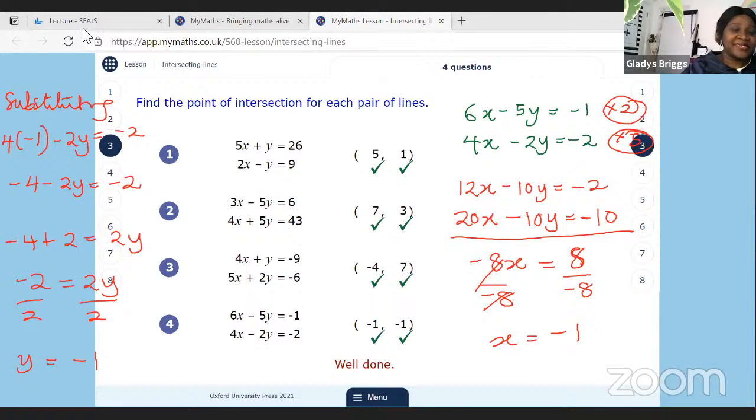Okay, well done, guys. Let's see if there's any other thing of interest that we can look at here before we jump straight into equation of a circle.